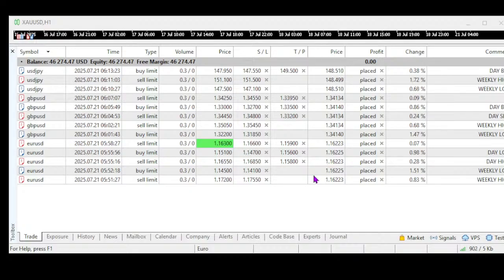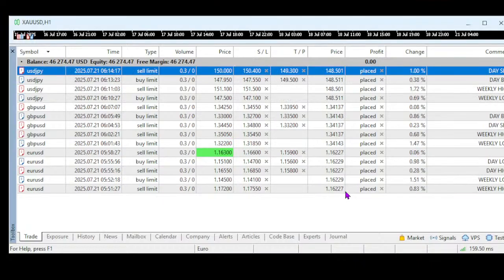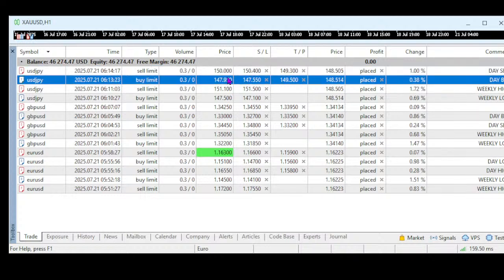Okay, day sell, and the TP also we can put roughly 49.30. Okay, so we have a day buy and a day sell.